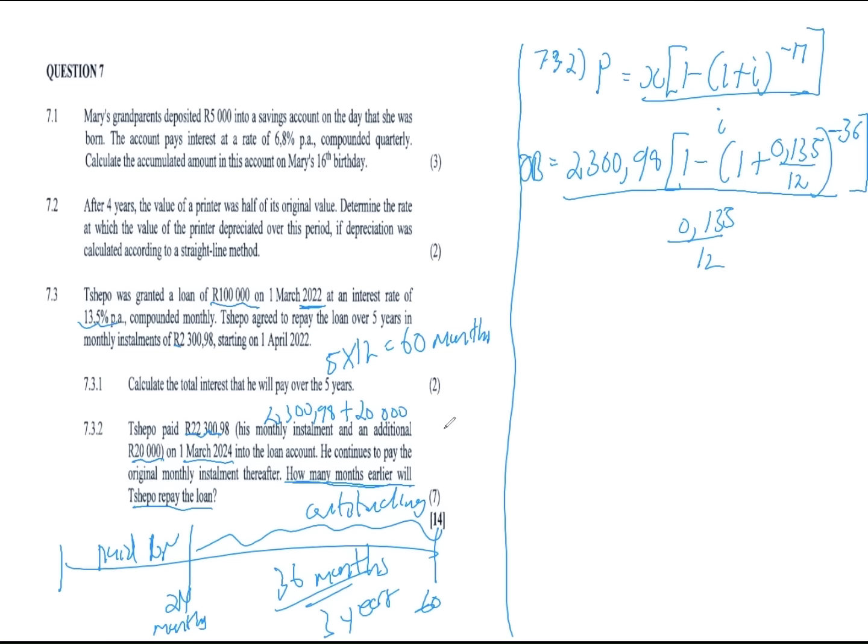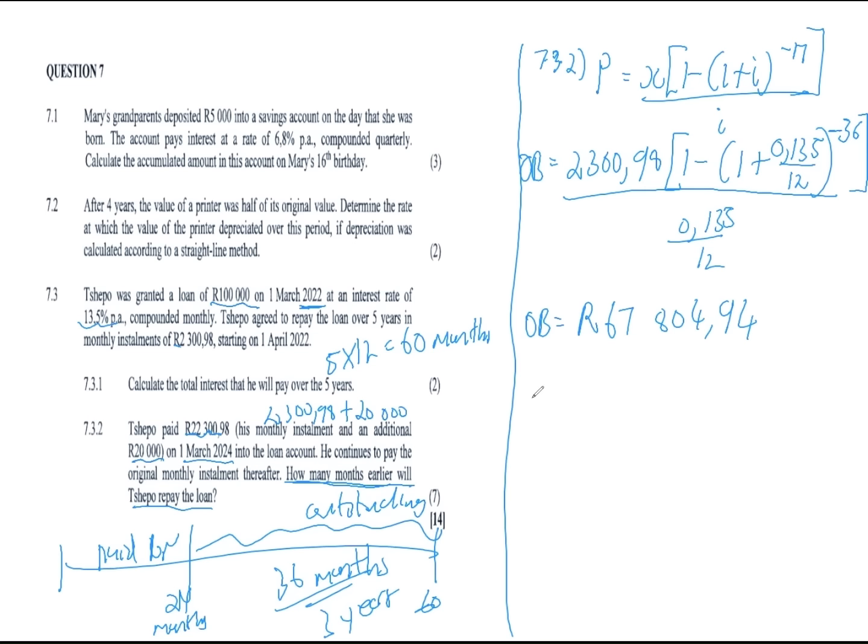So outstanding balance is this. So the outstanding balance after 2 years of full payments is 67,804.94, right?